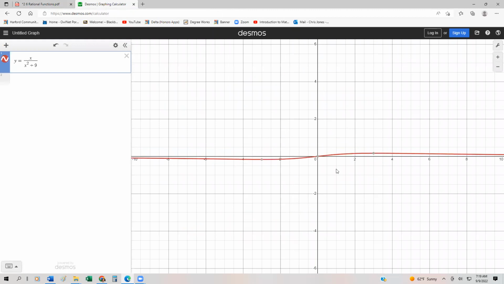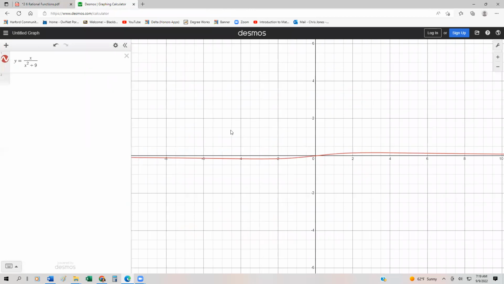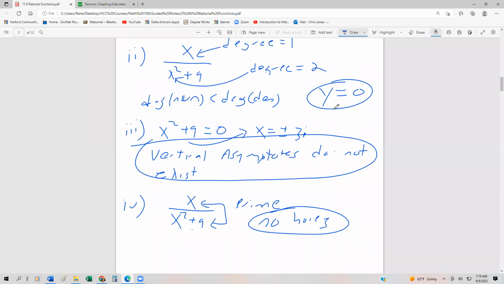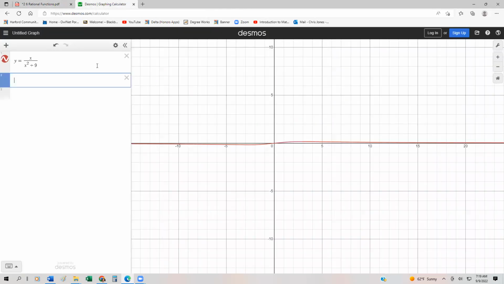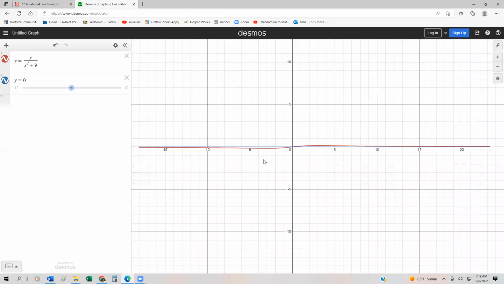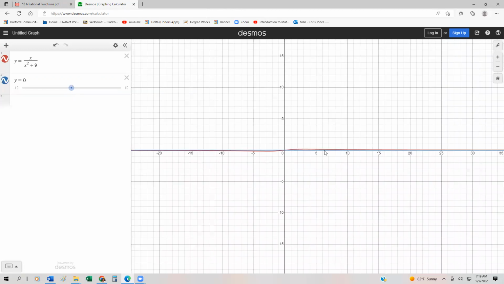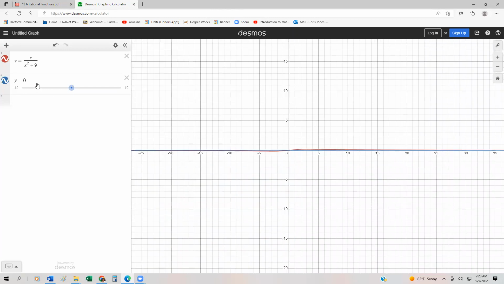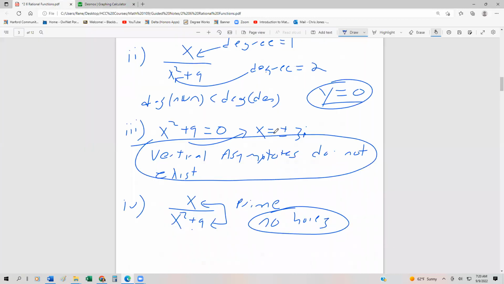Notice that this function never has a vertical asymptote when I zoom out. Remember something else that we had was y equals 0. Let me plot that line just to show you what that means. As x is approaching infinity or negative infinity, this function is getting closer and closer to that number, but never really reaching it. So that's what our horizontal asymptote is.